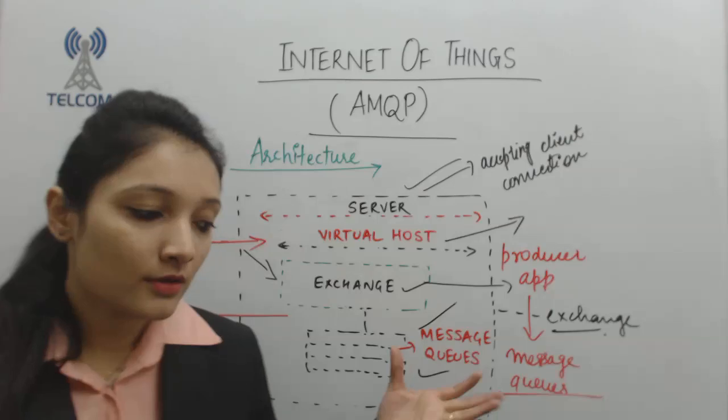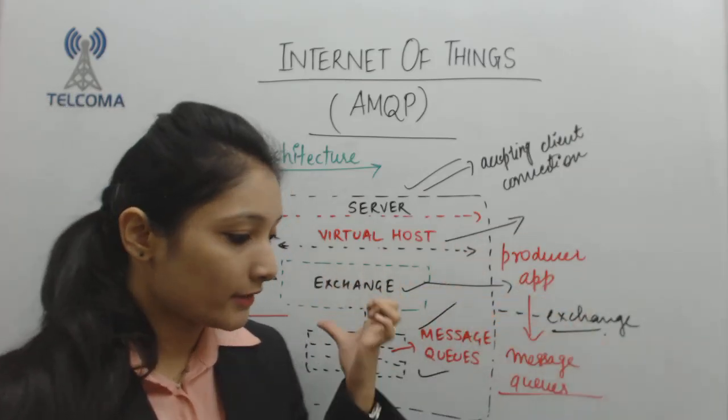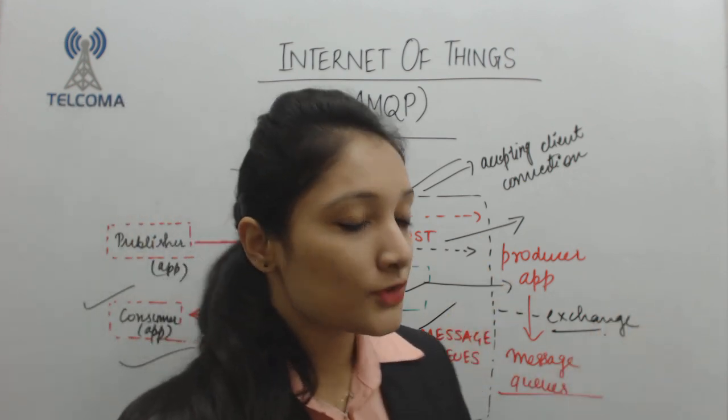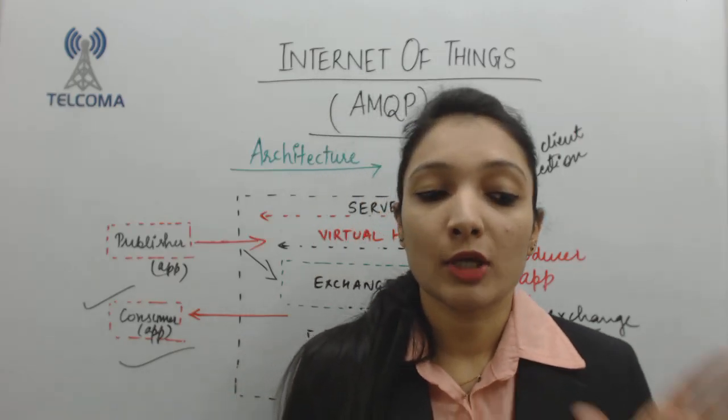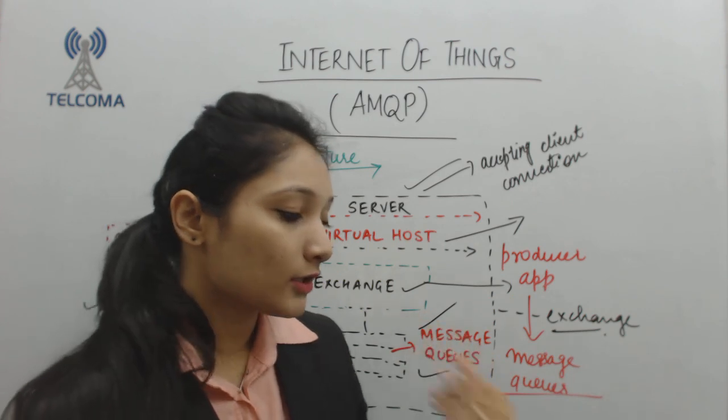So it will match and route. Your exchanges are basically matching and routing engines. It never stores any kind of messages. It just matches which queue it has to forward this message to. It will match according to that order and then forward it to the message queue here.